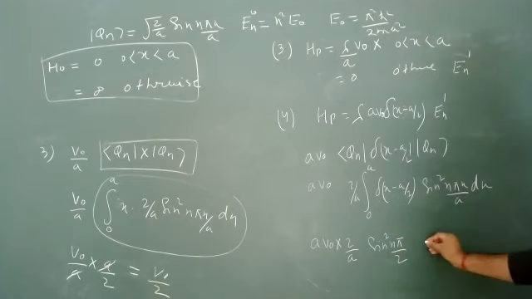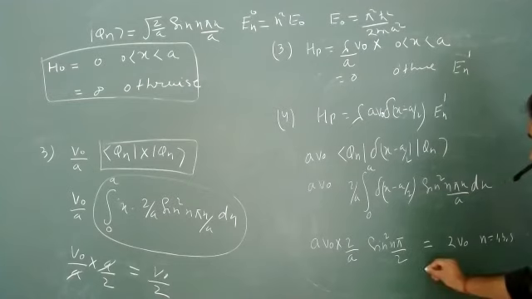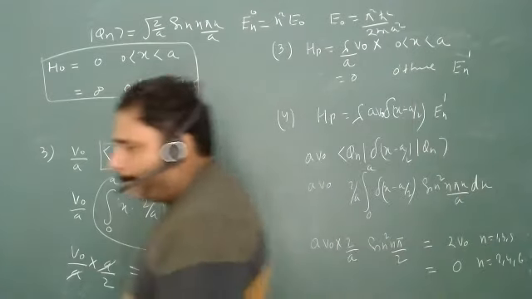So this value is equal to 1 when n is equal to 1, 3, 5 and so on, isn't it? So this value is equal to 2V naught for n is equal to 1, 3, 5 and so on, and this value is equal to 0 for n is equal to 2, 4, 6, isn't it? Are you getting my point?